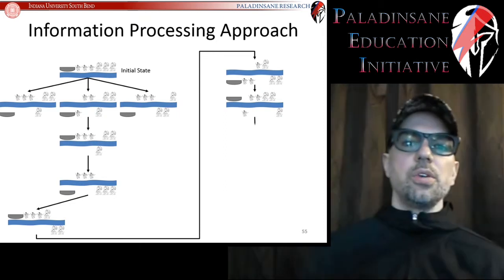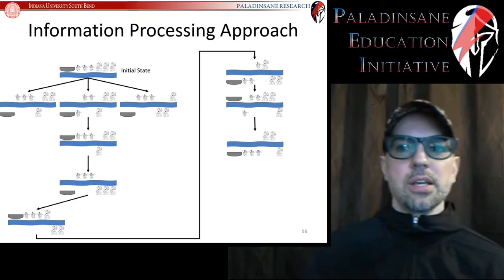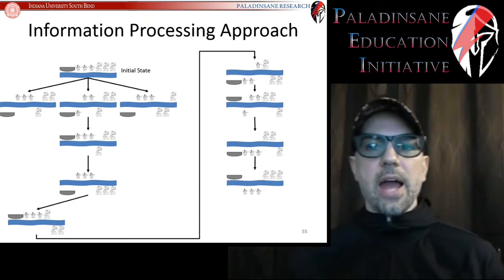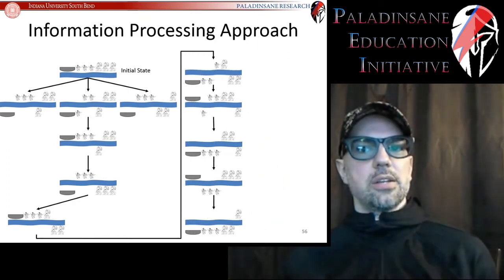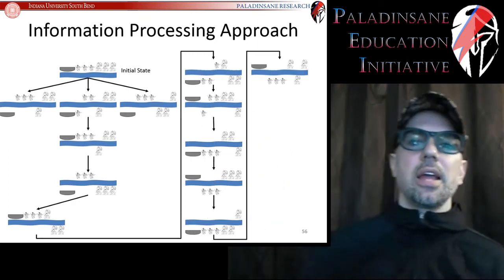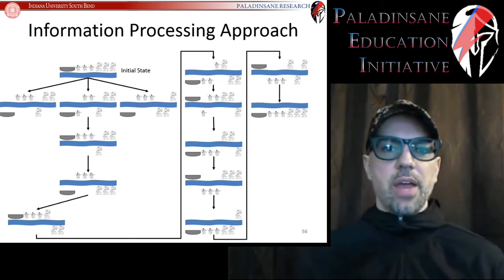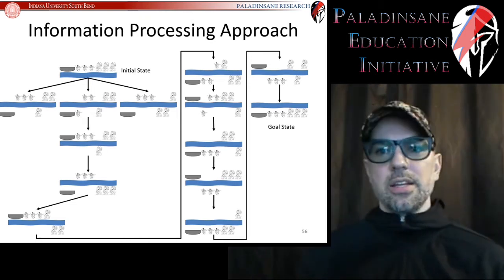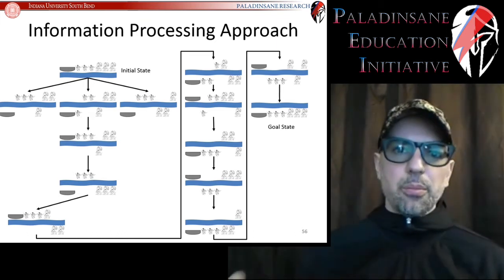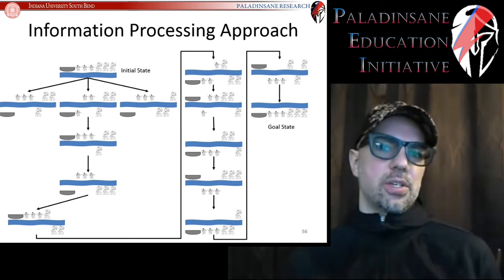And then from then we send 2 hobbits across, and we send 1 orc back, and then we send 2 orcs across, and then we send 1 orc back, and then we send 2 orcs across, and we've made it to our goal state.